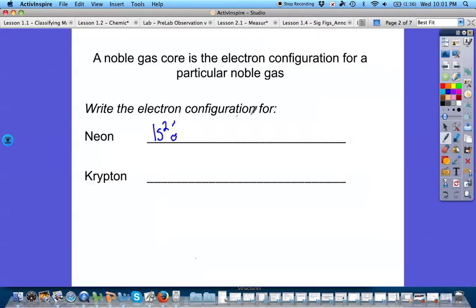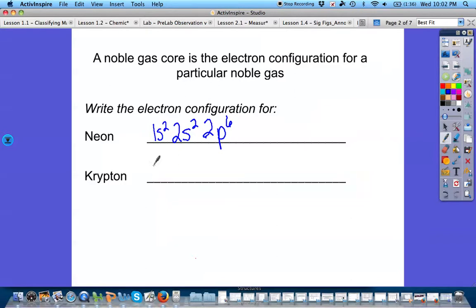Then we go to the second energy level, the S sublevel, going through lithium and beryllium, so 2s2. And then we're still in the second energy level, the P sublevel, and we're going to go through all 6 of those columns, so 2p6.